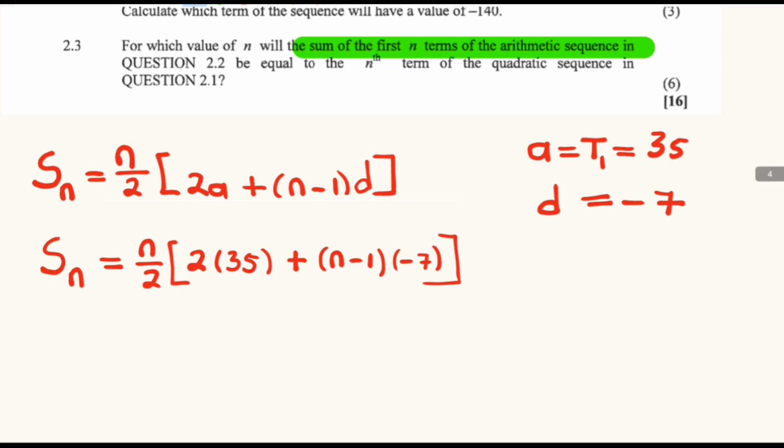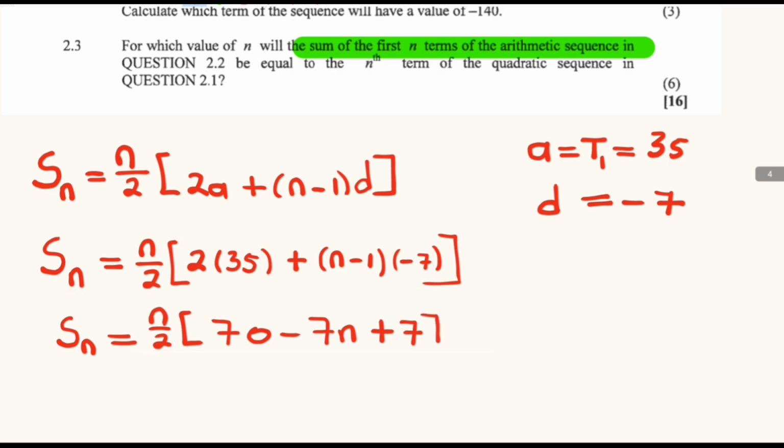Our Sn will be equal to n divided by 2 into 2 multiplied by 35, which is equal to 70. We distribute the negative 7, so we have negative 7n, and negative multiplied by negative is positive, so we have positive 7.